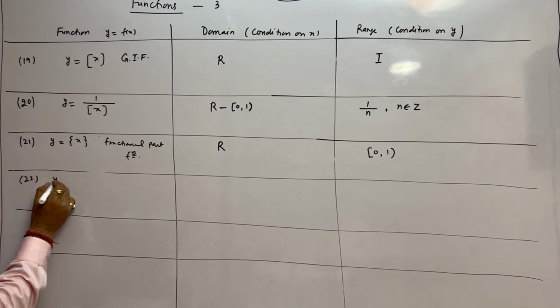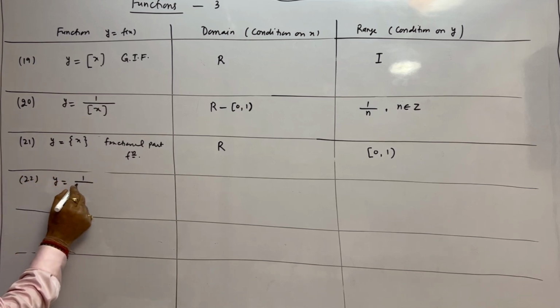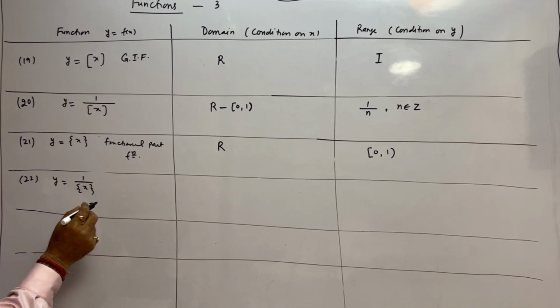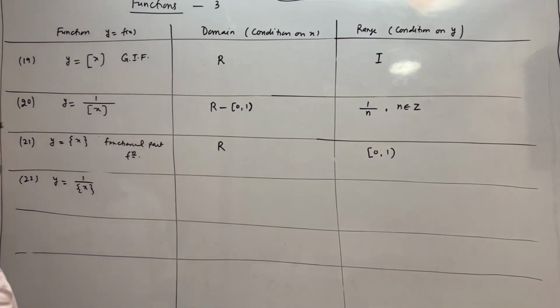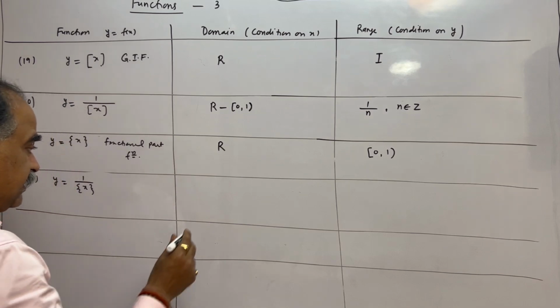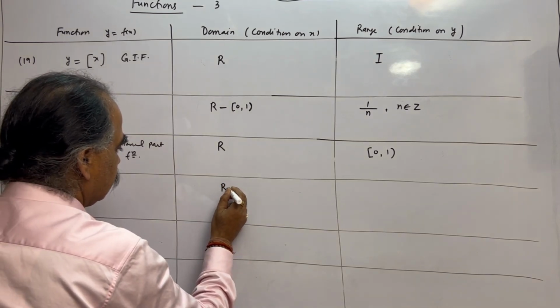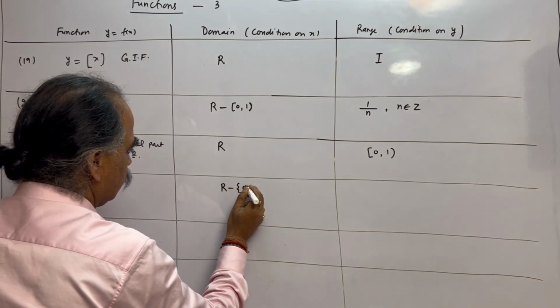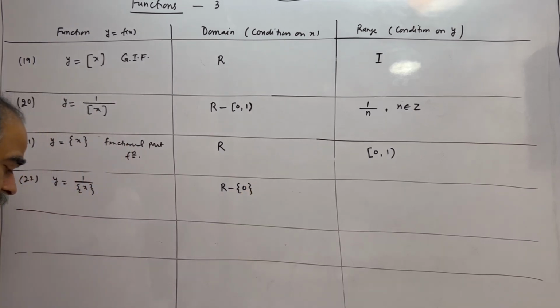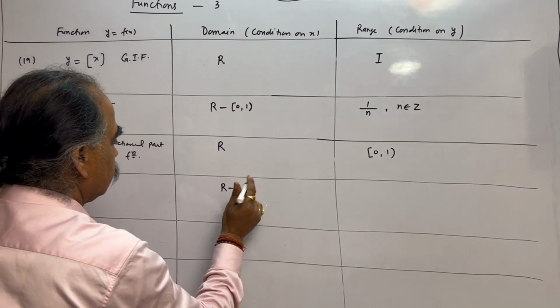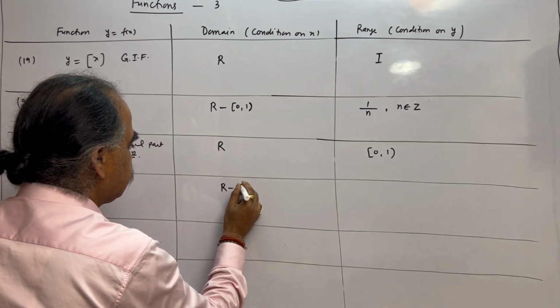Whenever it is 1 upon fractional part function, then domain is entire real line minus integers.